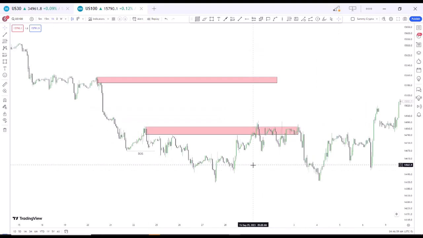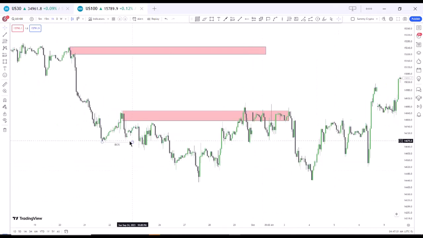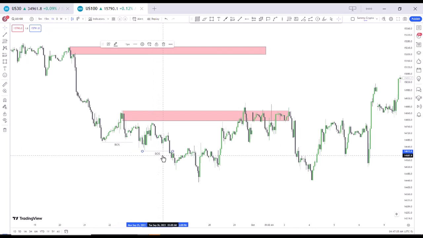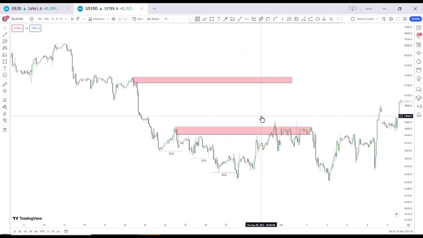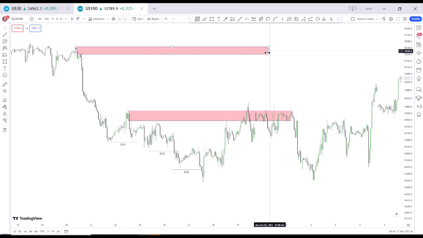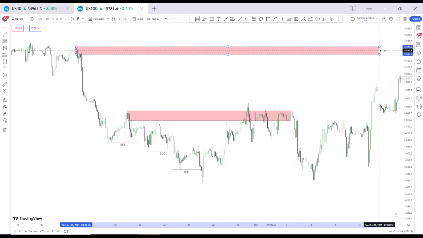Here you have a supply with a break of structure, and let's do the popular markup real quick. So we have that second break of structure, we have the third break of structure. Now you're expecting price to respect this supply, right? And don't forget, we also have a supply up above here. So the way I see traders trade is like this.